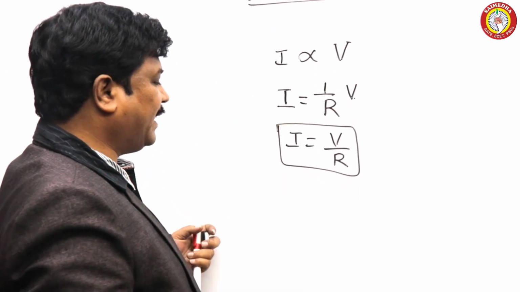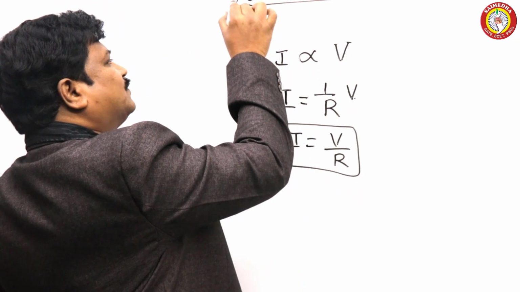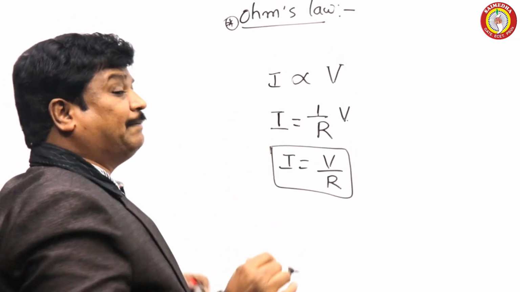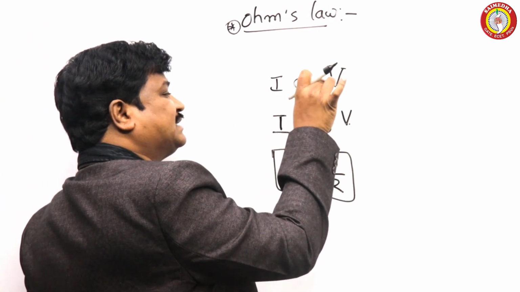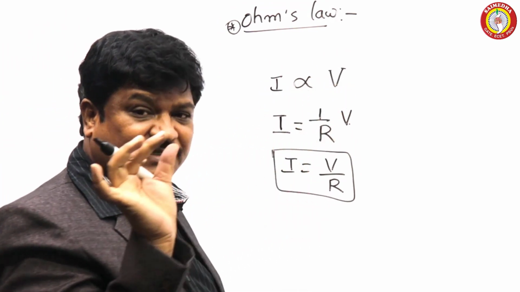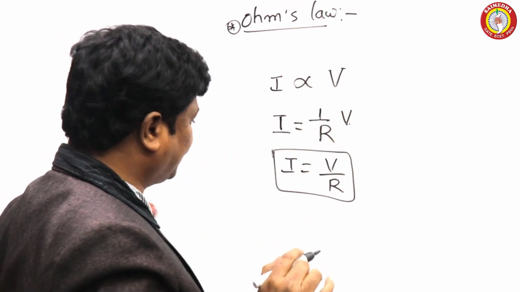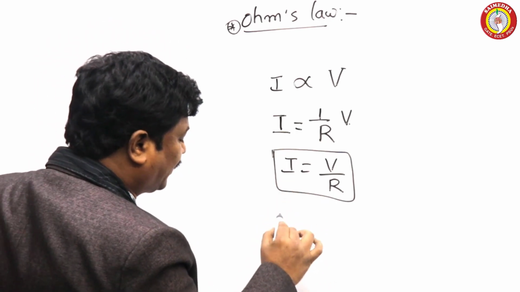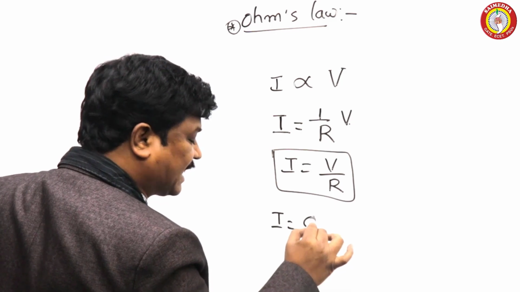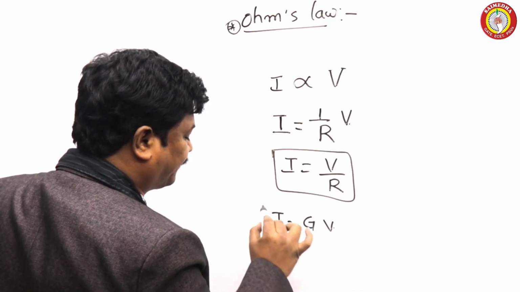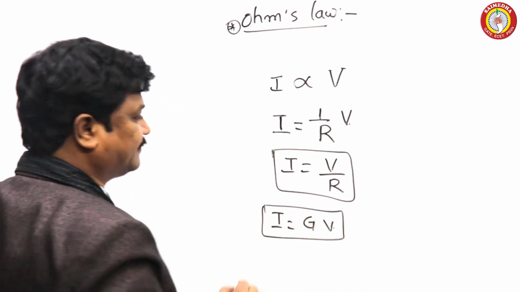But while applying Ohm's law, the temperature remains constant. Current is directly proportional to the potential difference and temperature remains constant. Similarly, how can you write this equation? I is equal to 1 by R, which is nothing but G, conductance, into V. This is also another form.